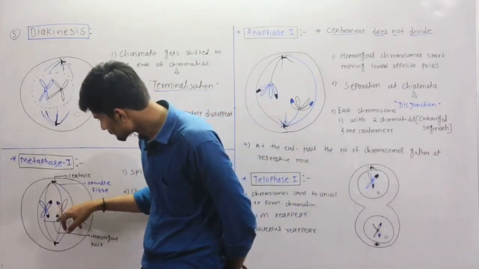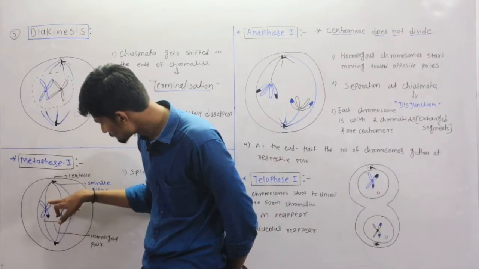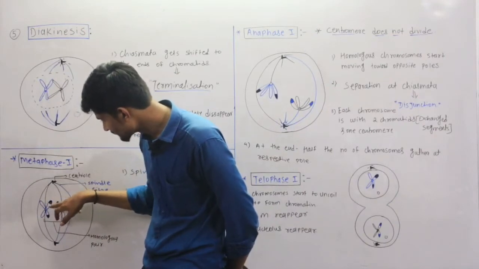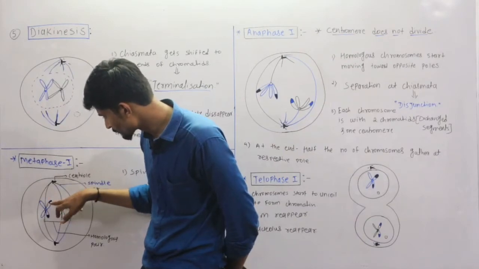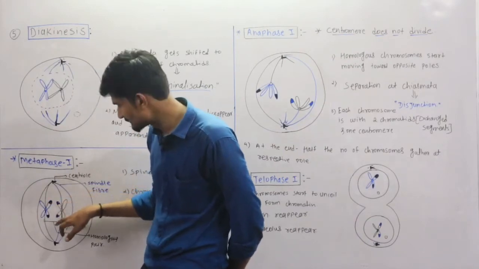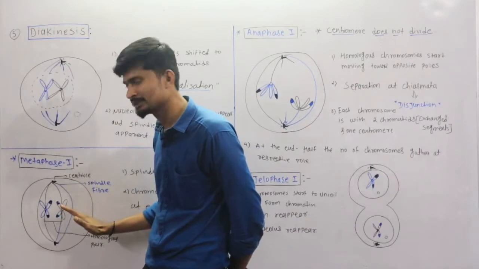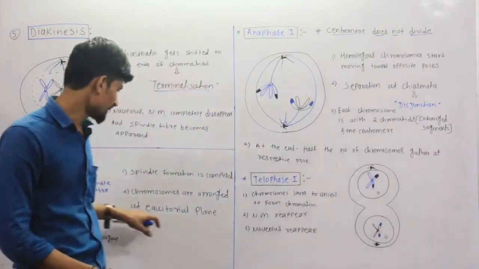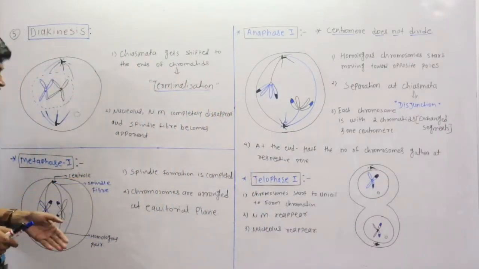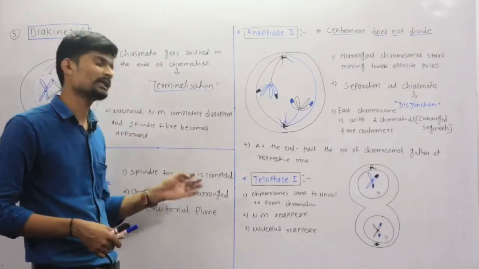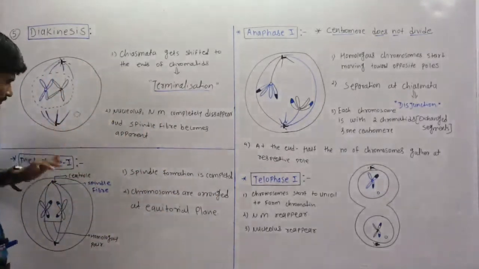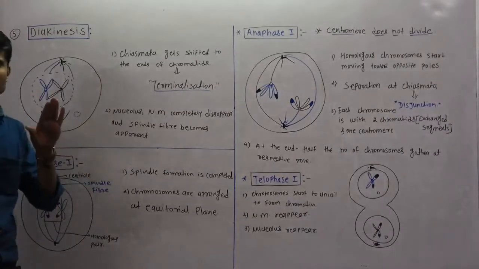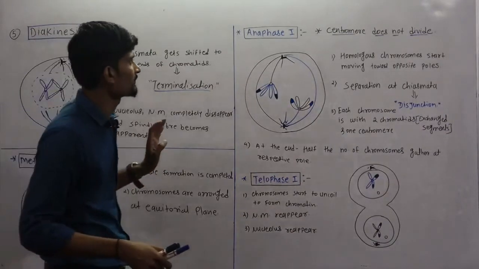This much portion of the blue chromosome is exchanged with the black, so here is black, and it gives this portion to the black, that is why here is blue. Same on the lower side. So the important events are that spindle formation is completed and chromosomes are arranged at the equatorial plane in metaphase first. This is the end of metaphase first.